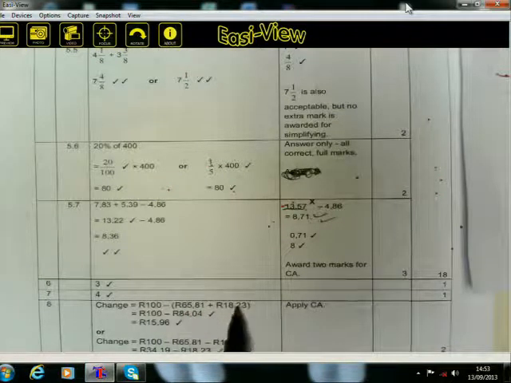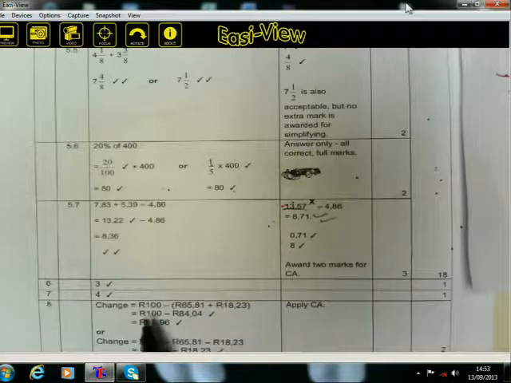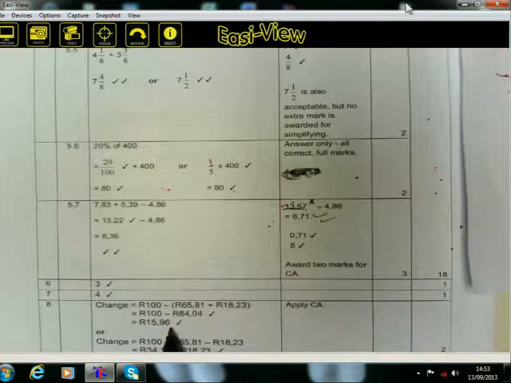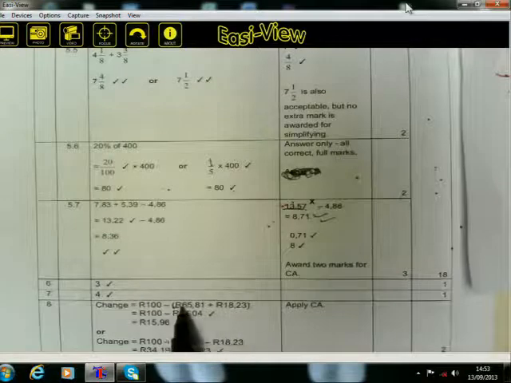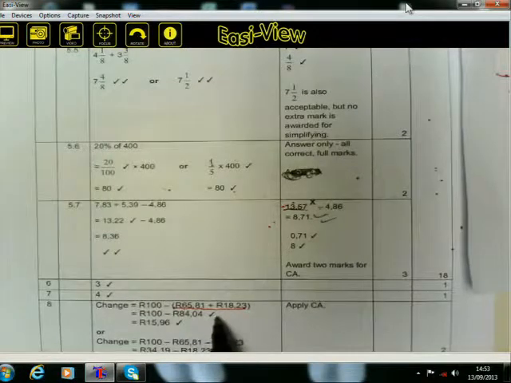Then she added here, and then she subtracted from the 100 rand note and got that one. And you see it is 2 marks here. So we mark this addition here and the final answer.